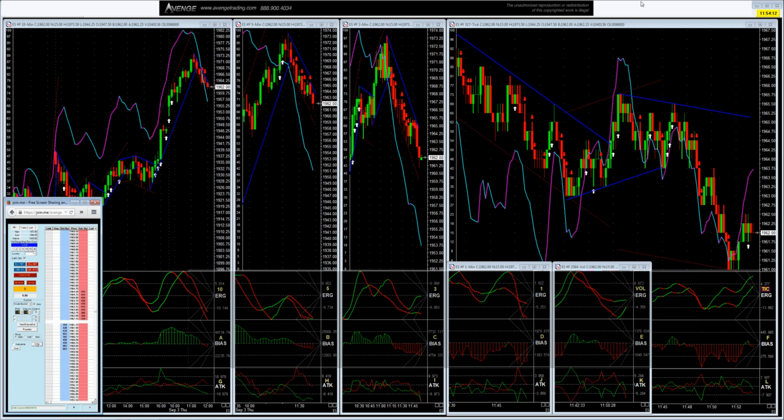Do have a pullback arrow there if we do see that A bias at 45 degrees for a 10A.